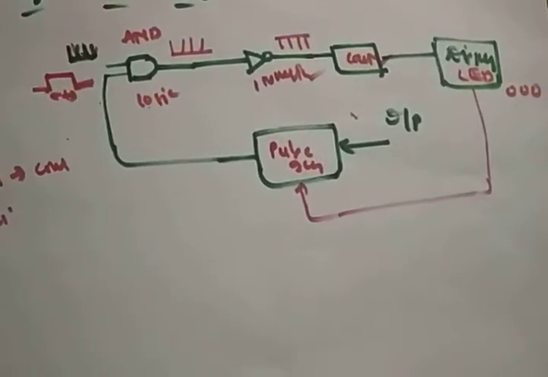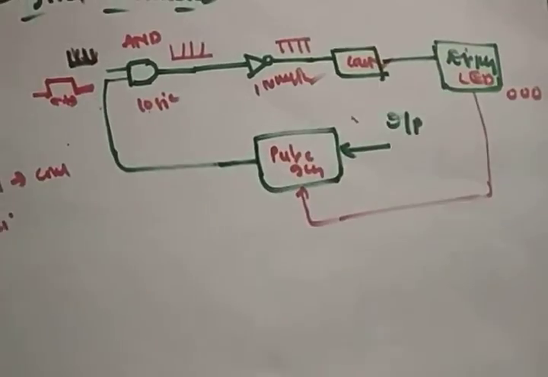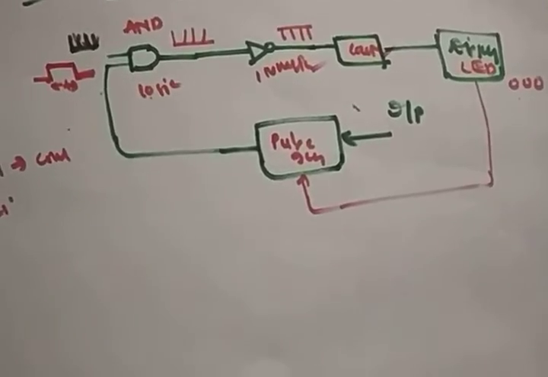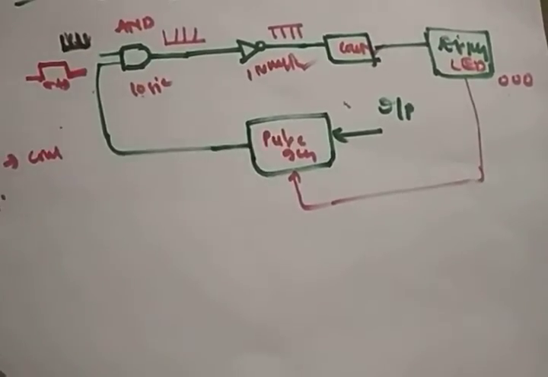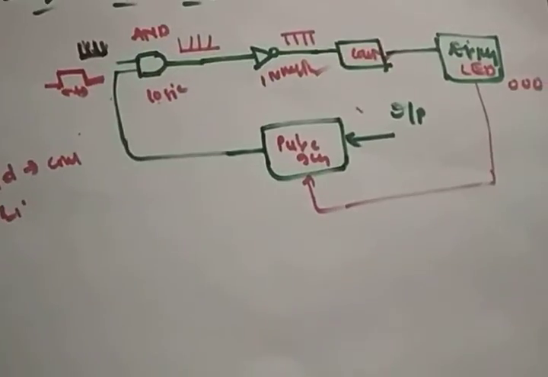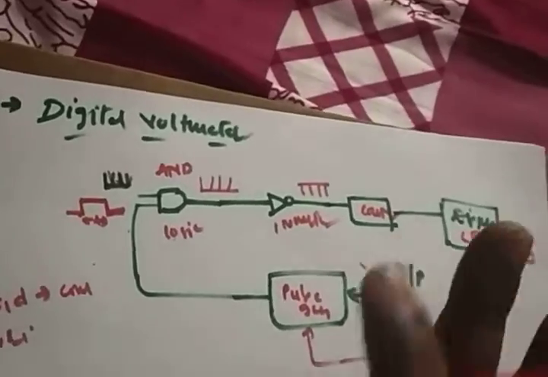An analog voltmeter doesn't provide any negative result, but the digital voltmeter will. It's less cost, less power consumption, more accurate. So these are the advantages that we discussed in our last session. I hope it's clear.